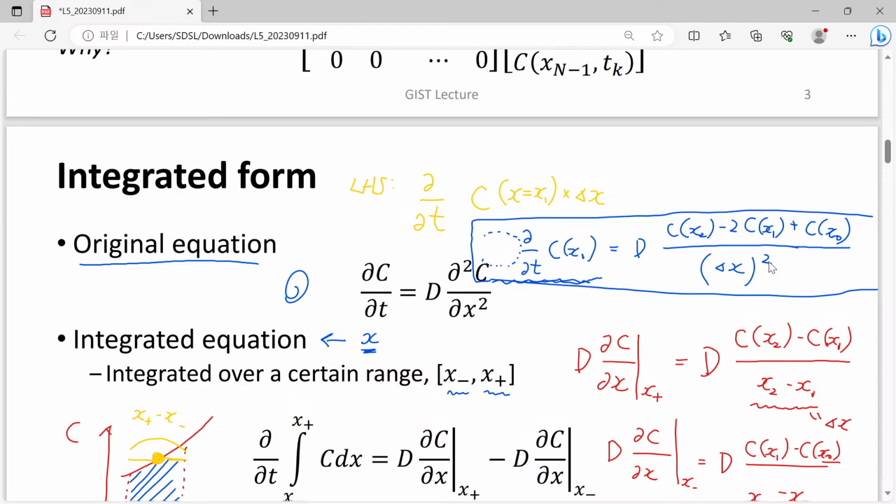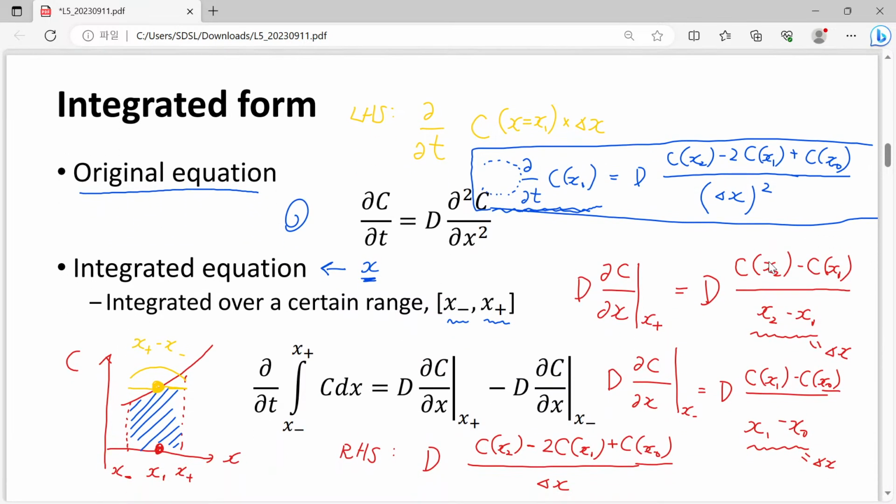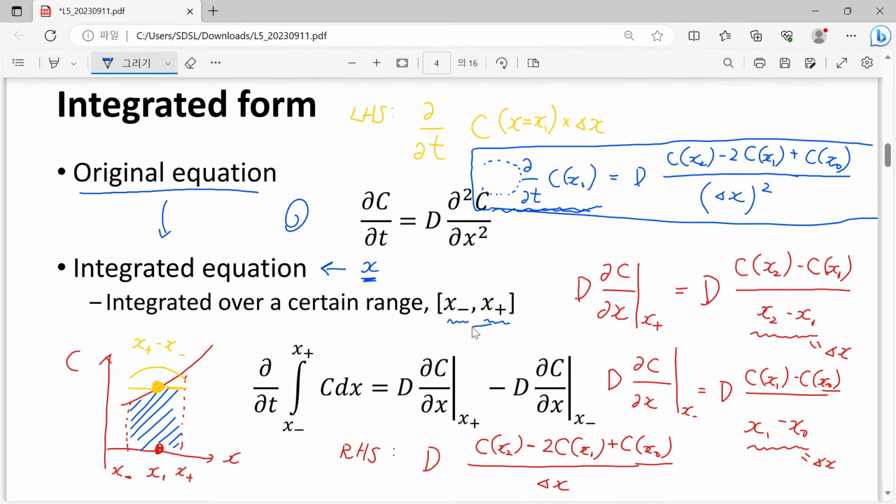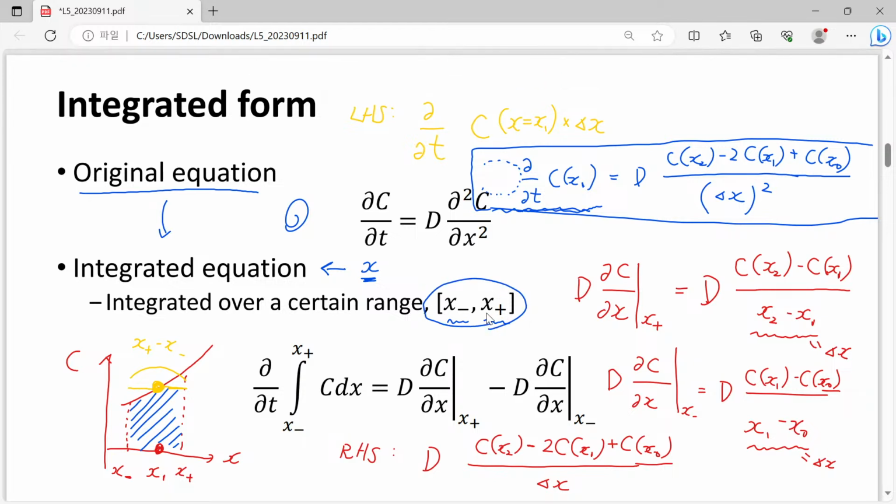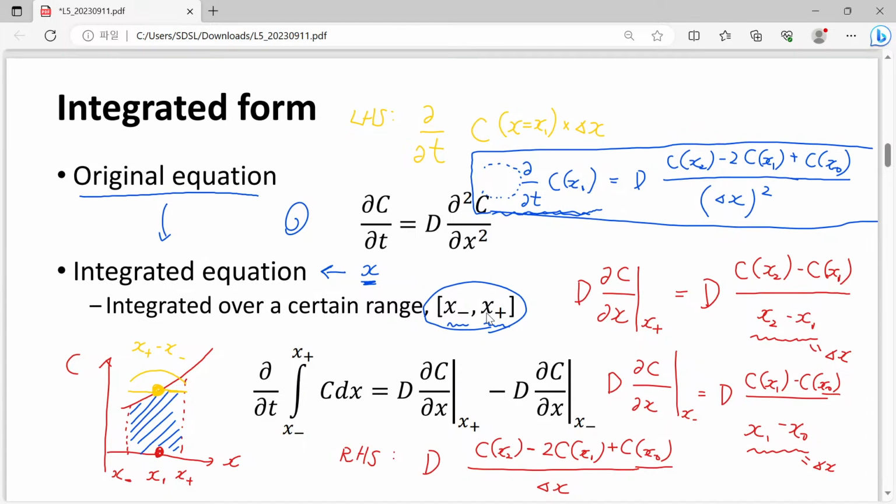Then you can immediately find that this blue boxed equation is actually the one we derived in our previous lecture. So simply speaking, although that looks a little bit complicated, my suggestion is first taking the integration of our original equation over a certain range, then we will get the same expression for our discretized equation.